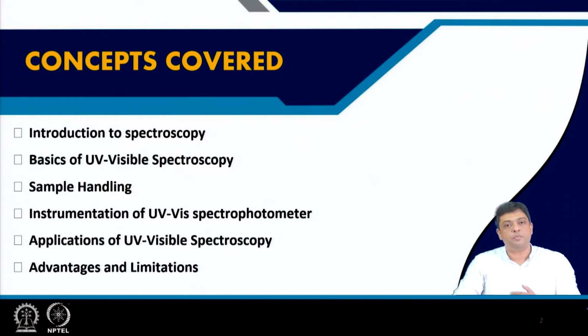What is a UV visible spectrophotometer? What is the principle behind its construction? How do you collect the data and how do you analyze the data? We will also give you a brief idea about the way you calculate the energy band gap using the UV visible spectroscopic data, and also other advantages, limitations and the wide range of applications for this characterization technique will be covered in this lecture.